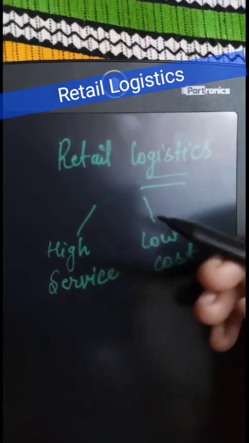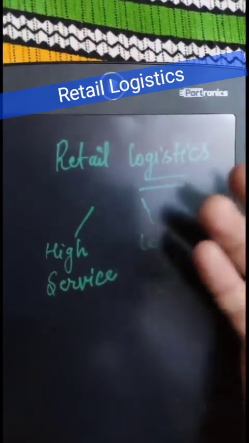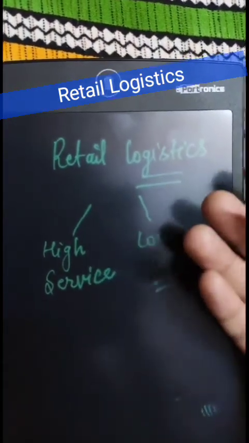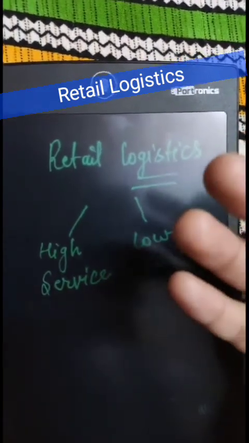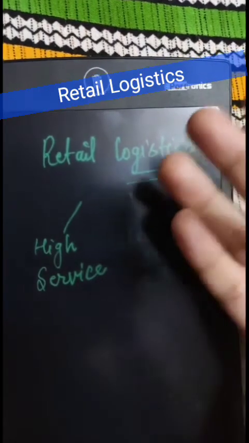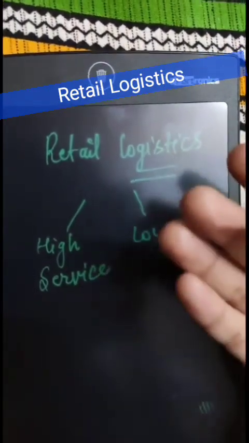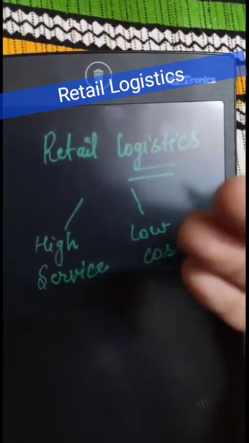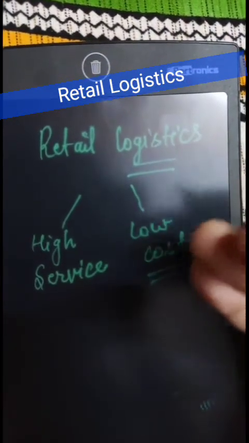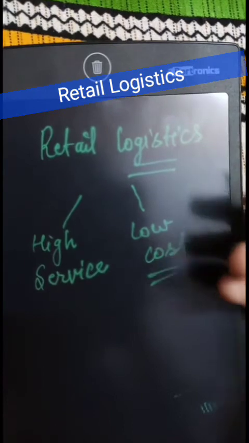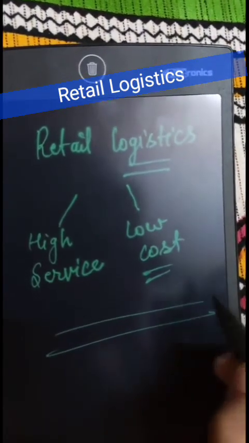Retail logistics supports the goals of retail marketing. For example, a retail store with a large number of SKUs, stock keeping units, and high turnover requires high delivery frequency and high service levels. And a store with everyday low prices requires low logistics cost. Got it?